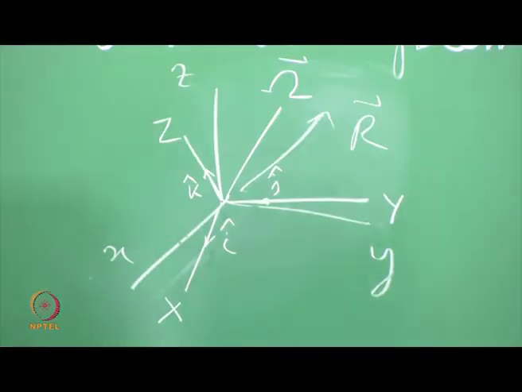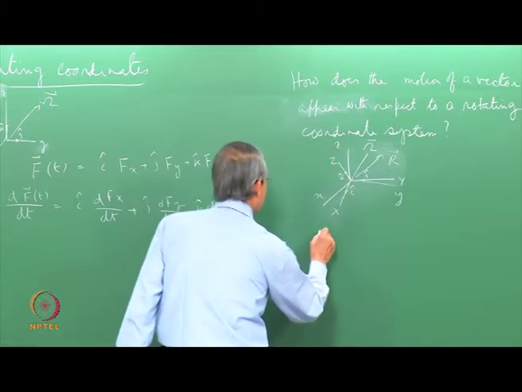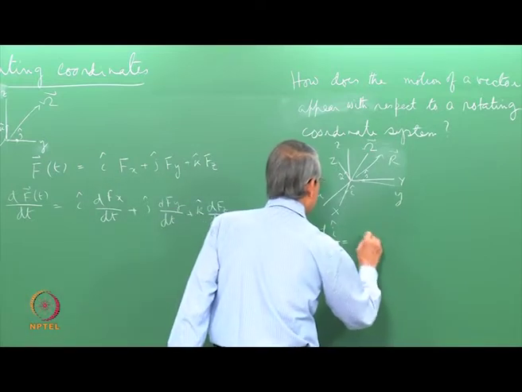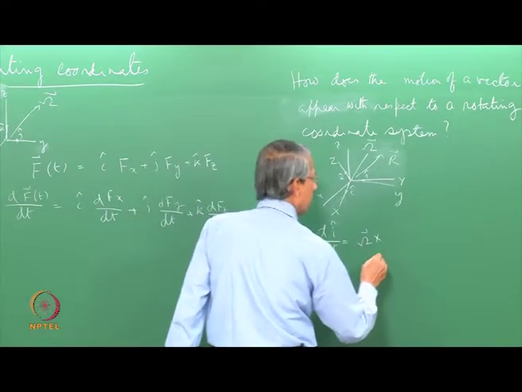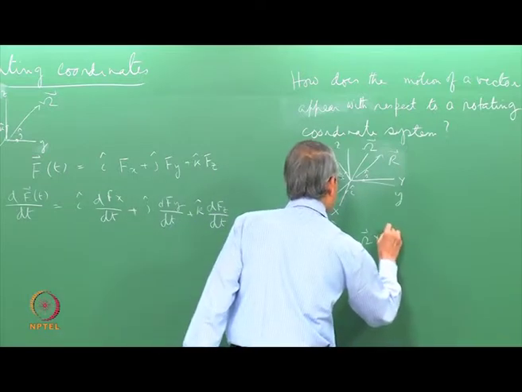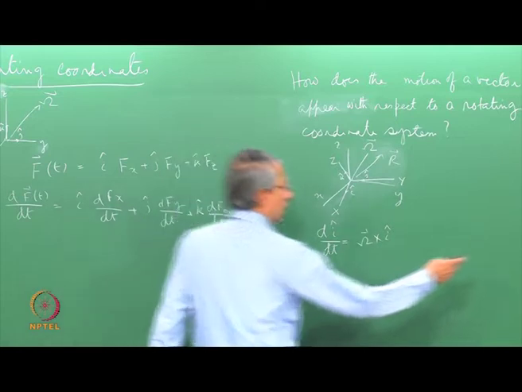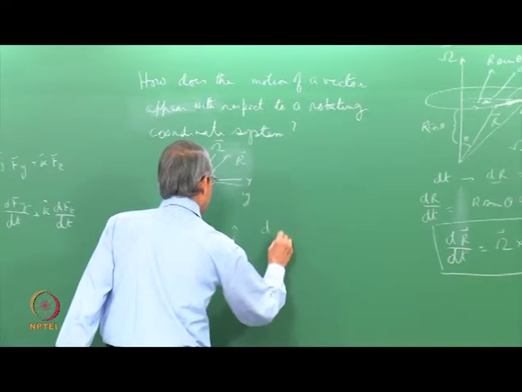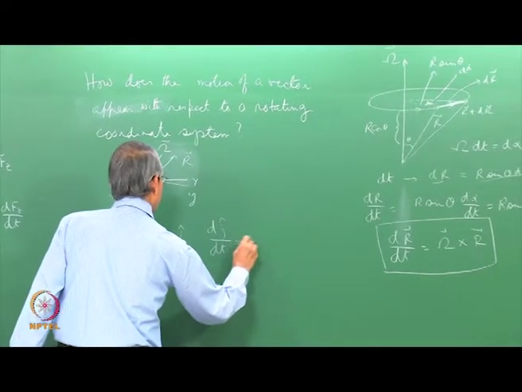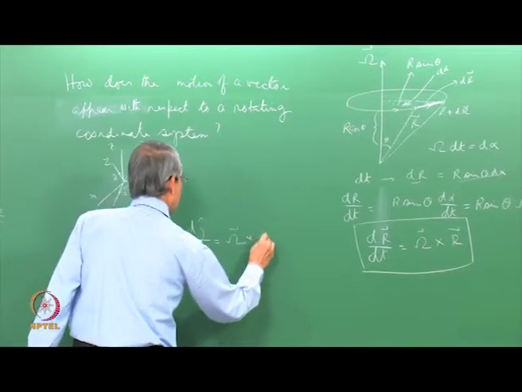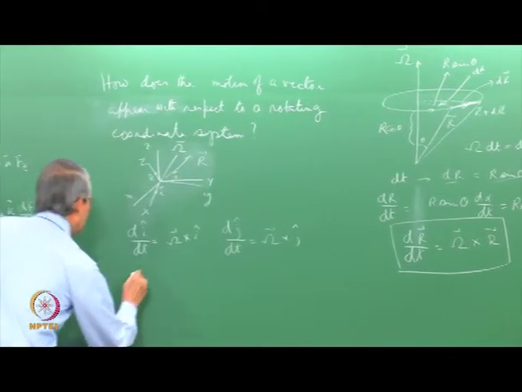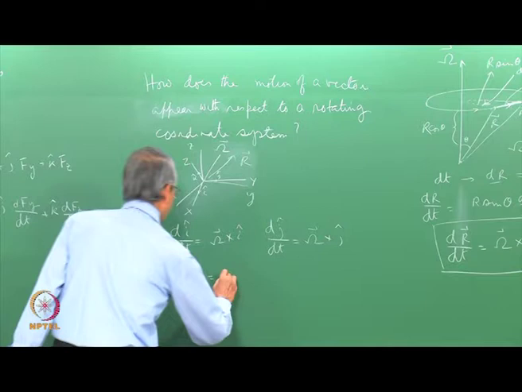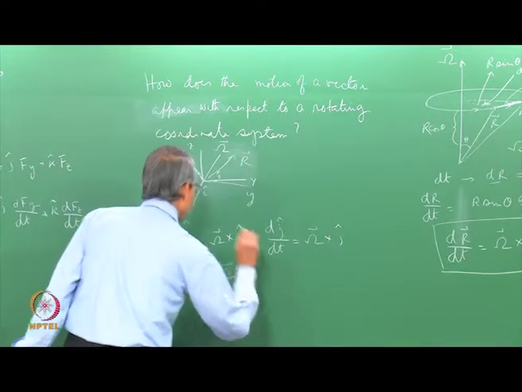So, I can therefore write using this equation di by dt, where this r vector is replaced by this unit vector i. Similarly for j and k.